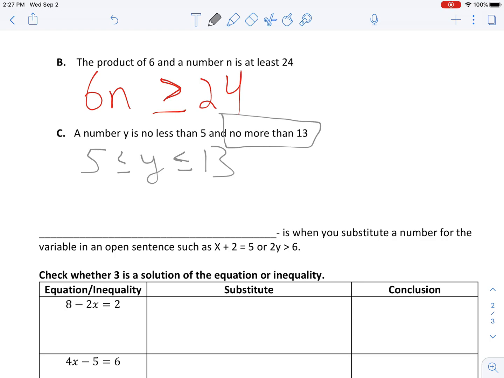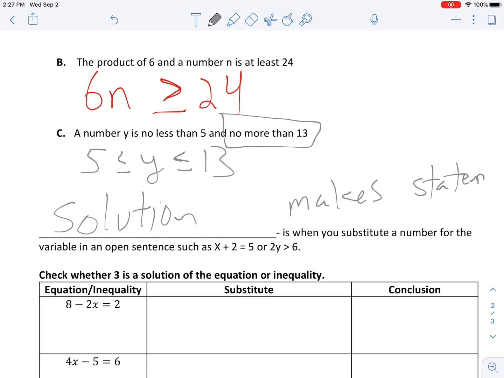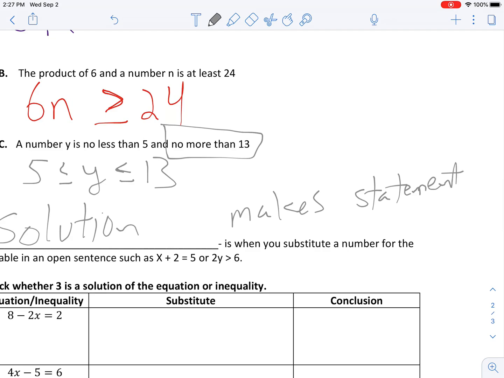This definition I took out of the book. I'll give you the book's definition and I'll tell you a better way to describe it. Nevertheless, blank is when you substitute a number for a variable in an open sentence such that x plus 2 equals 5 or 2y is bigger than 6. The word here is solution. And I think a better definition is it makes the statement true.